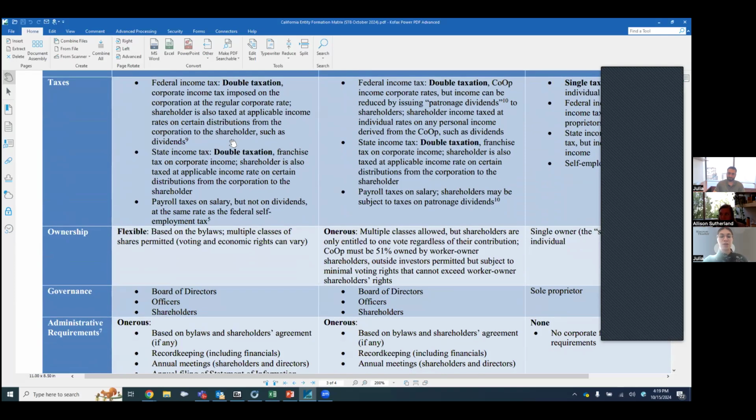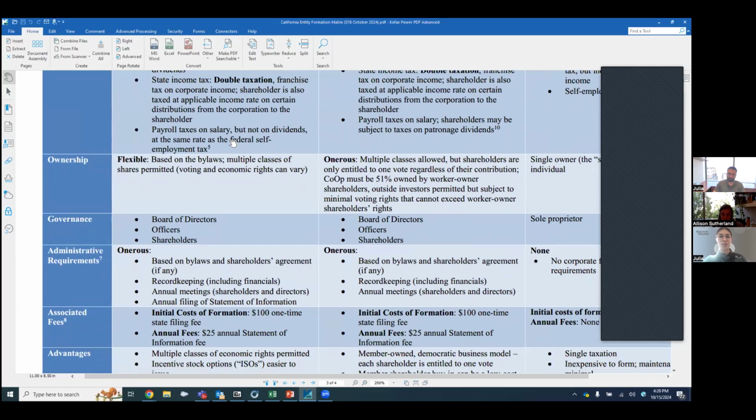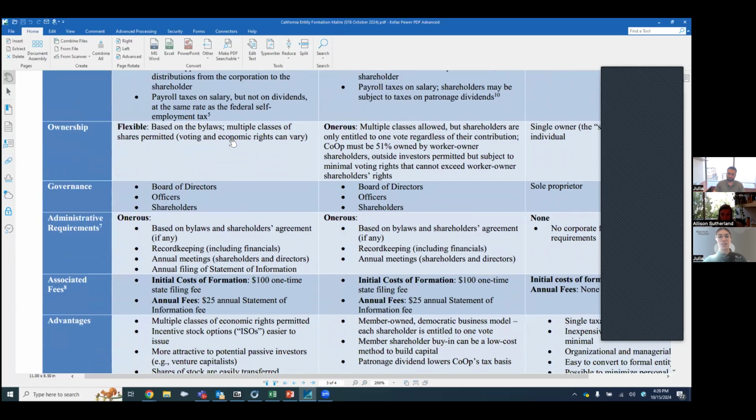There's also the federal income tax consideration that we talked about, double taxation, which means that a corporate income tax is imposed on the corporation at the regular corporate tax rate, and the shareholder is also taxed on applicable income rates on certain distributions. And there's also double taxation on the state income tax side. There's franchise tax on corporate income, and the shareholder is also taxed at applicable income rates on certain distributions from the corporation.